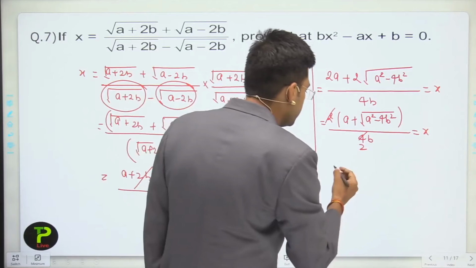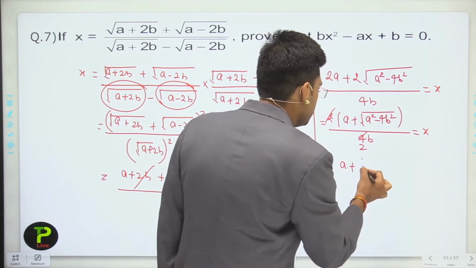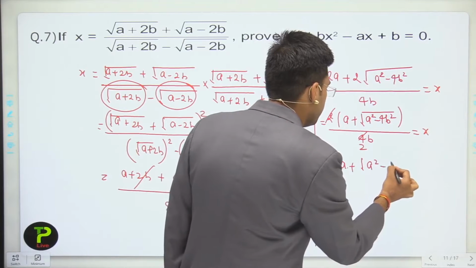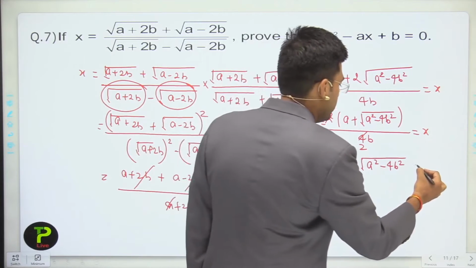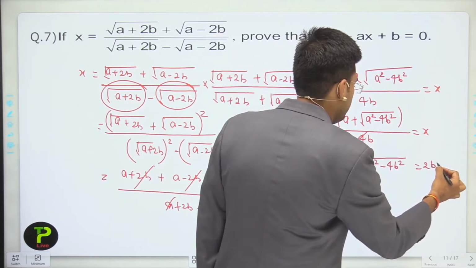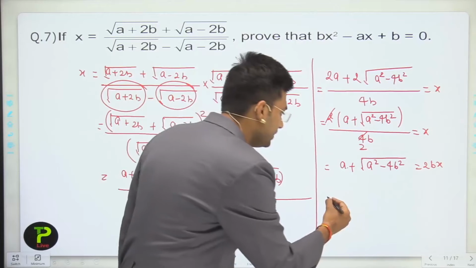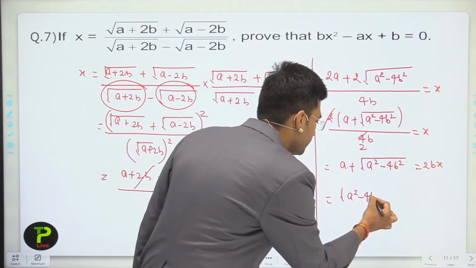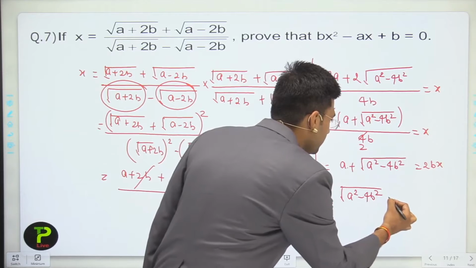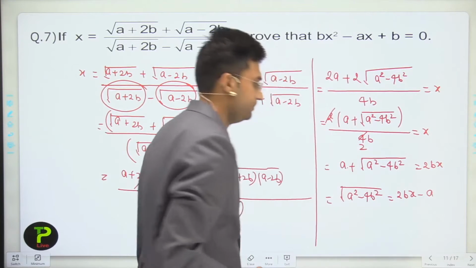When we solve this, we will get a plus root a square minus 4b square is equal to 2bx. Clear? And we can write it as root a square minus 4b square is equal to 2bx minus a.